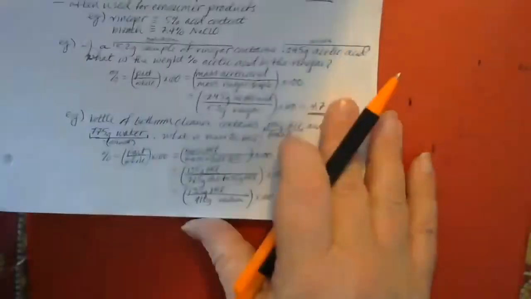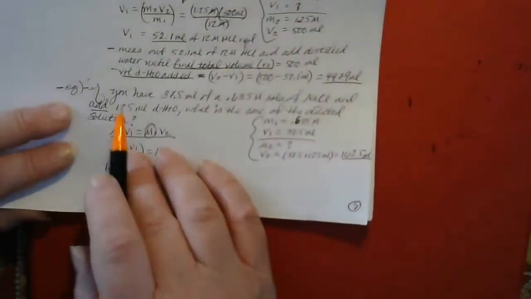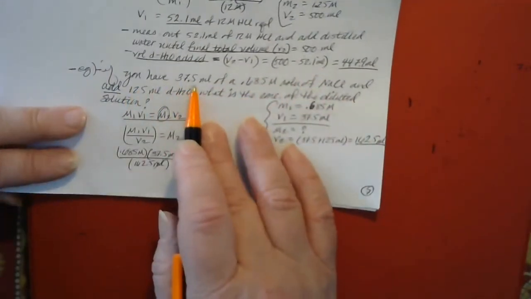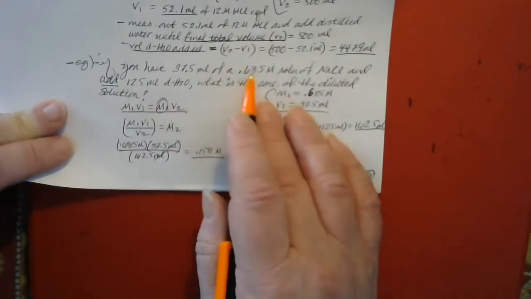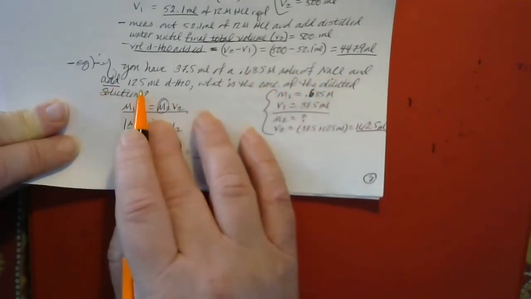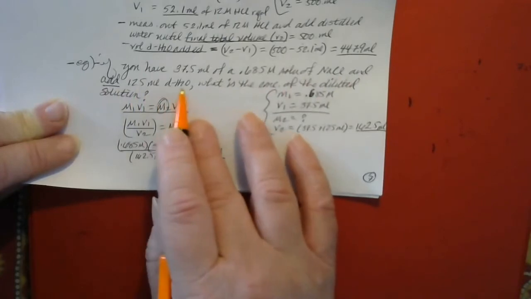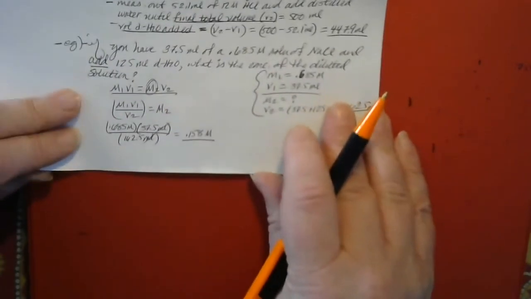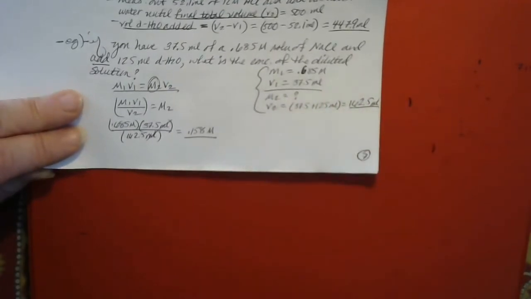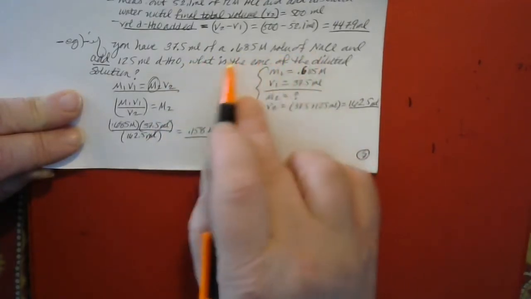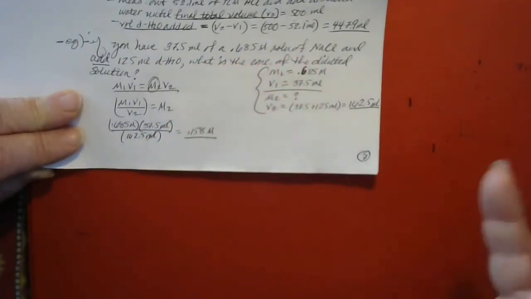So just as a quick other example, if you have 37.5 milliliters of a 0.685 molar solution of sodium chloride, and you add 125 milliliters of water to it, what is the concentration of the final diluted solution? Okay, so here you're starting out with the 0.685 molar solution, and you're adding water to it.